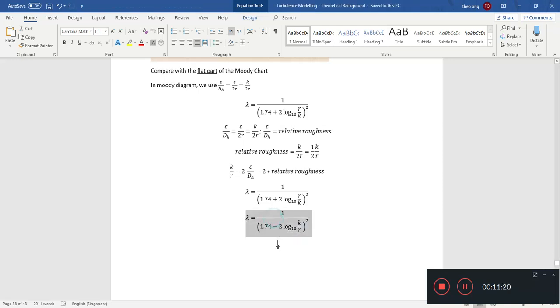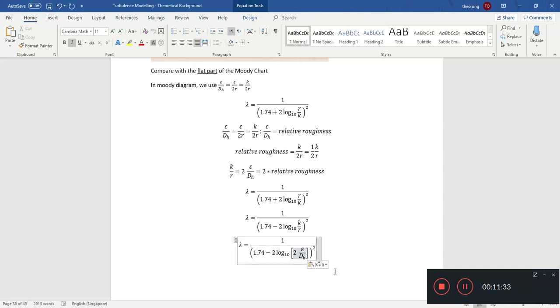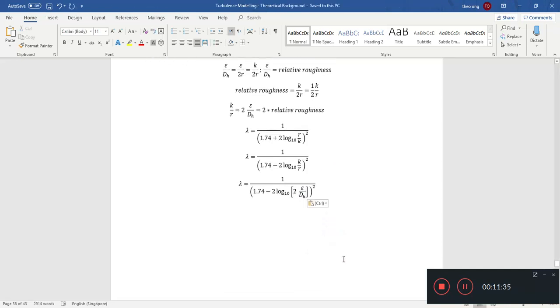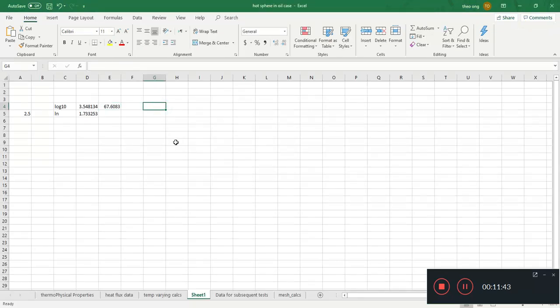Then I'll substitute this K over R equals 2 times the relative roughness. I'm going to put that here, and just to avoid confusion, I'll put a bracket as well. So relative roughness is here. Now that we have this, we can actually go into our Excel.